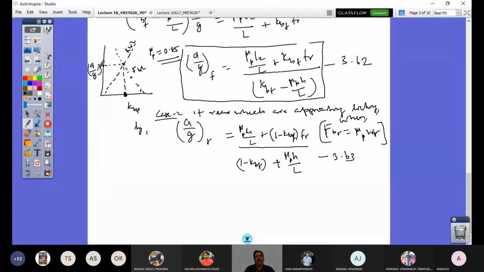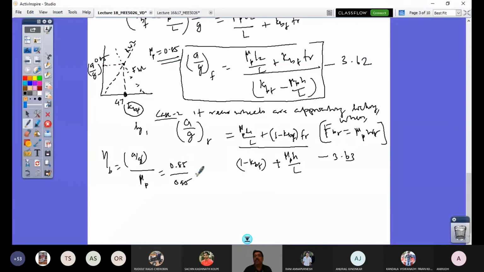Then only the braking efficiency is A by G divided by μp, at the point before wheels lock, where all four wheels will be impending to lock simultaneously by the road condition. So it's going to be 0.85 by 0.85, 100% braking efficiency. So the vehicle will be stopped at the shortest distance, right? That's what you understand from this.